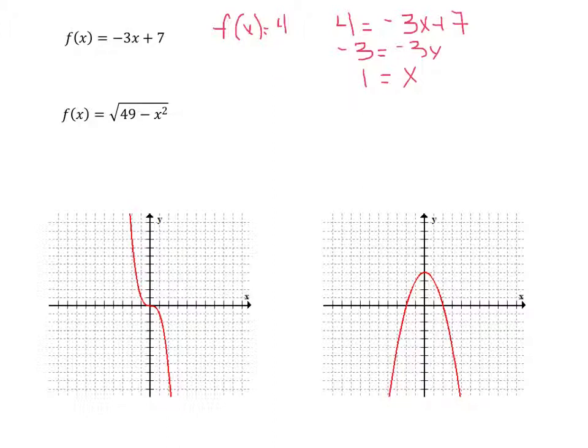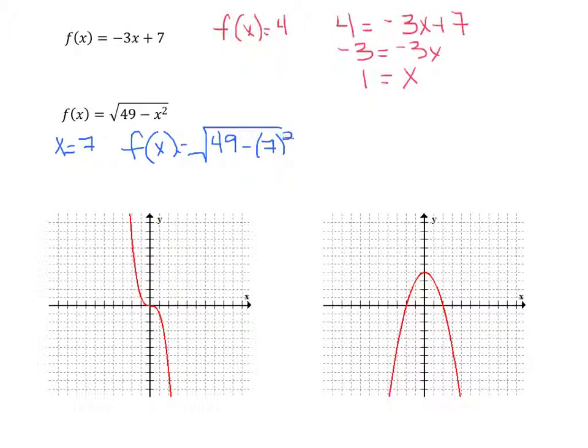Another way that you can think about this is to plug in some values. So for example, take a look at this next one. On this one, I'm going to first let x equal 7. Why did I pick 7? Well, because it's going to be something that I can deal with. So if x is equal to 7, f of x is equal to 0.